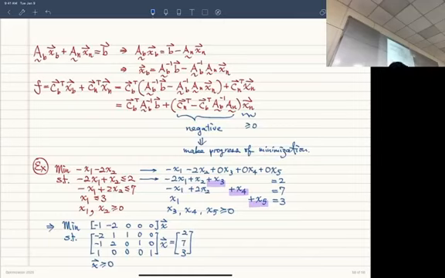This is how the original problem is now converted into this new problem.